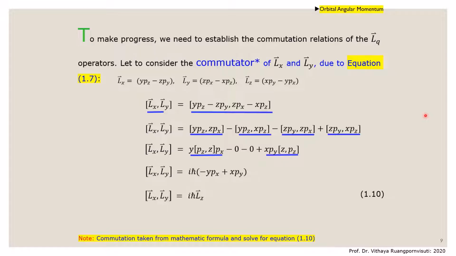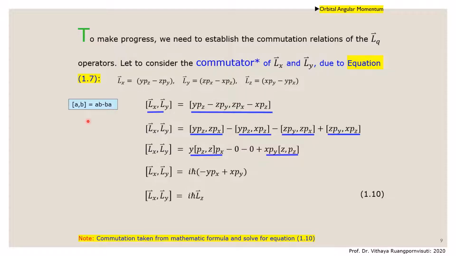Due to equation 1.7 and the commutator formula, A commutes with B equal to AB minus BA.